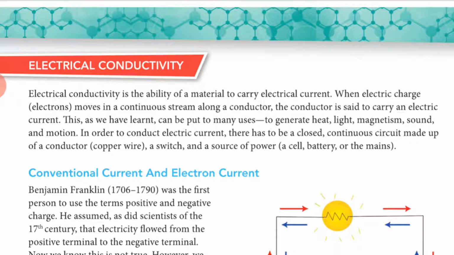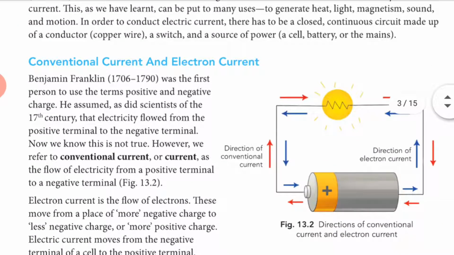Now let's discuss conventional current and electron current. Benjamin Franklin, who lived from 1706 to 1790, was the first person who discussed positive and negative charge, right?